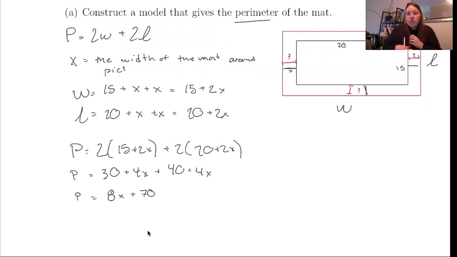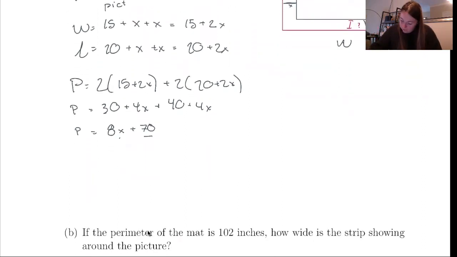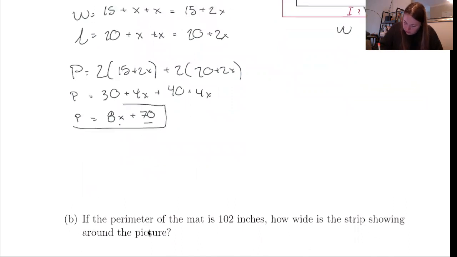Which again, if you think about that, that's where our initial perimeter, if I just don't have the mat, is going to be the picture. And then for every uniform strip I add, that's the perimeter getting bigger.